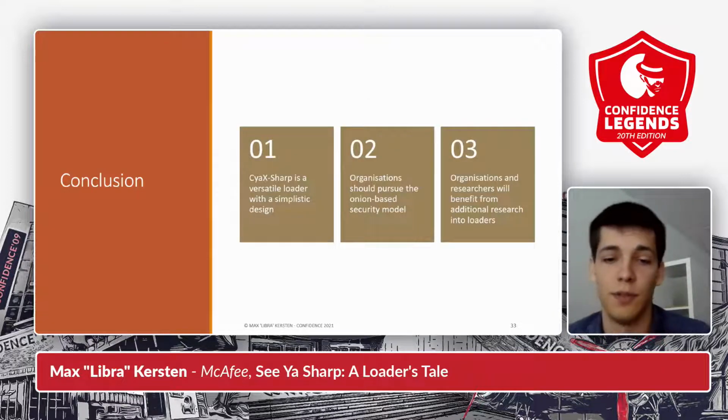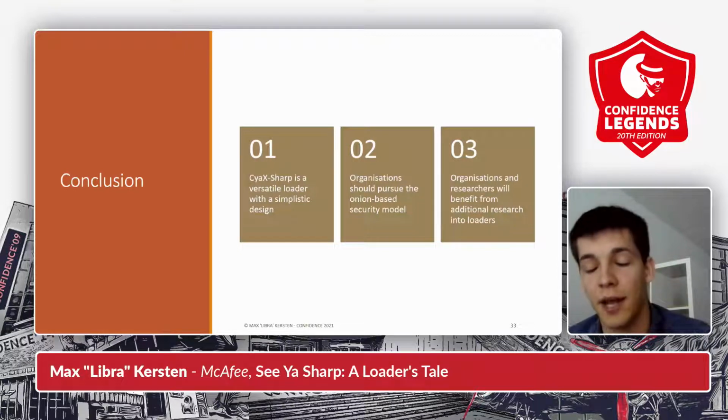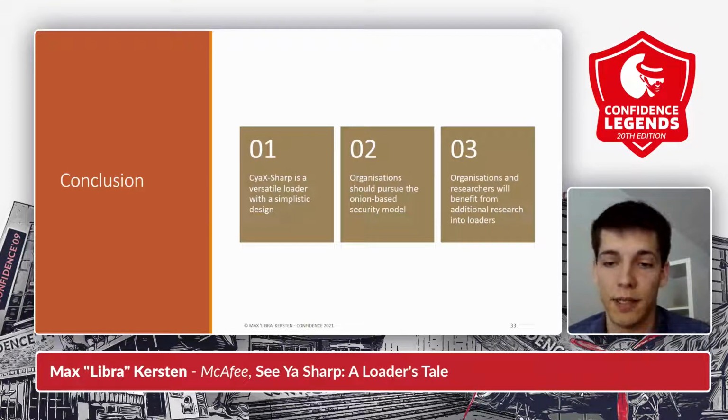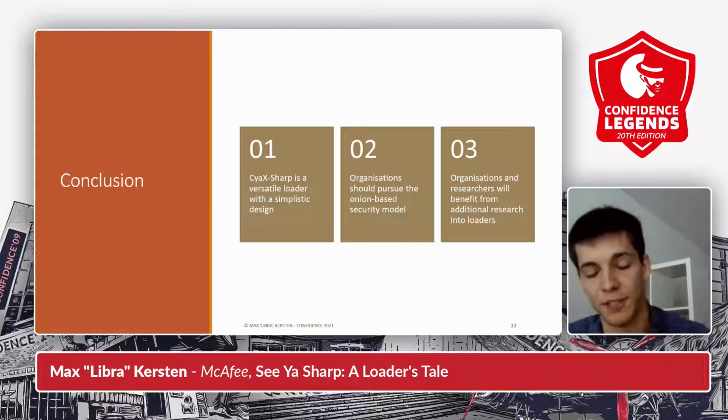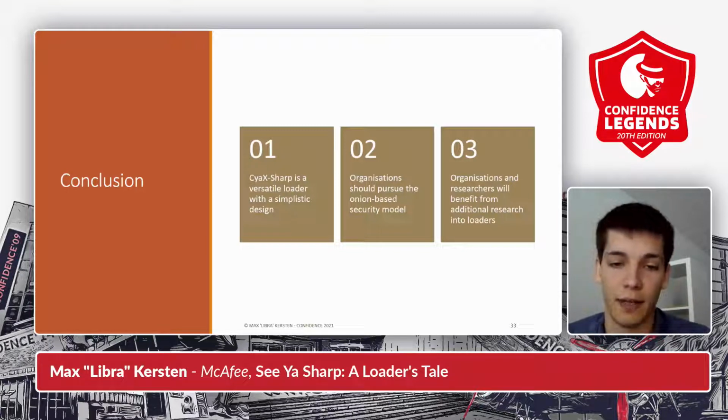So in conclusion, the loader itself is versatile. You can do quite a lot with it. It has quite some options, but the design itself is quite simplistic. So from an attacker's perspective, it's easy to use and cheap to make if you were to remake such a loader.